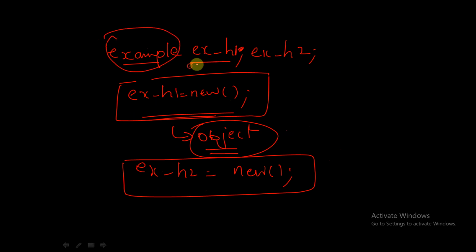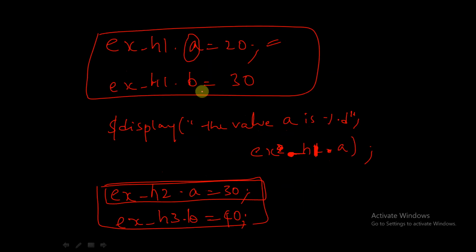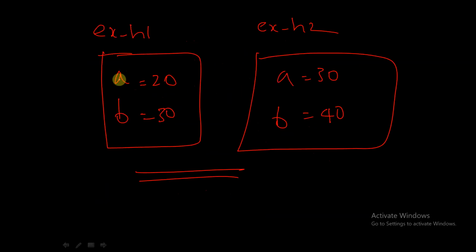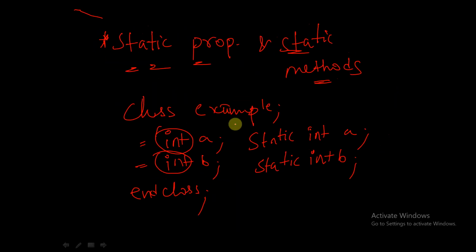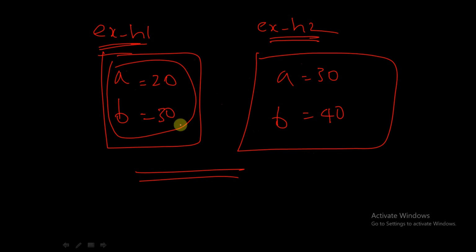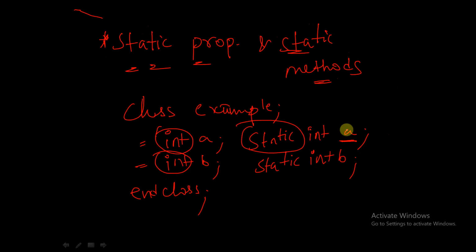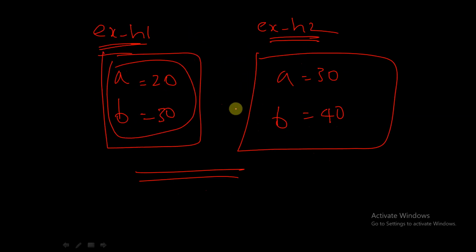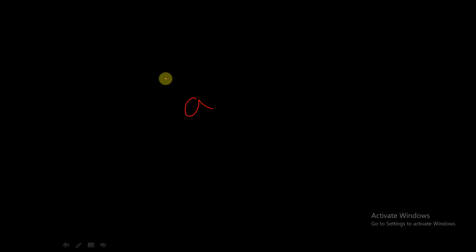In this example, we have created two handles. A separate copy would be created in each object, but since the property is static, the same variable will be shared across all the objects that have been created. So a, being declared as static, will be shared across ex_h1 and ex_h2.